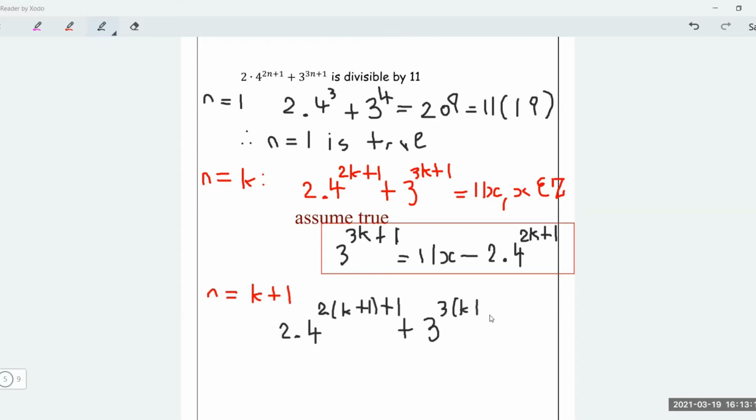That's replacing n with k plus 1. Whoa, this looks hectic, this looks heavy, but don't worry, we're going to simplify it.